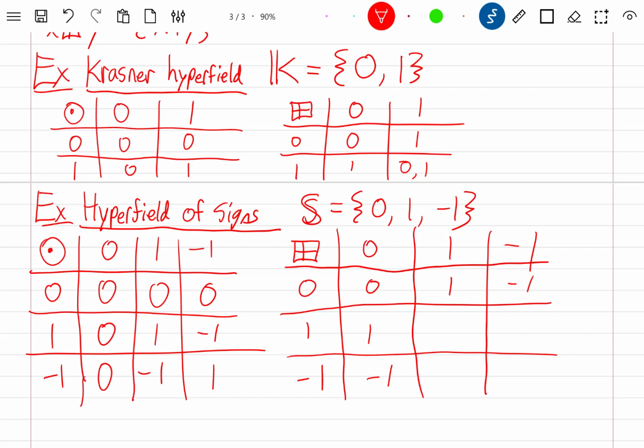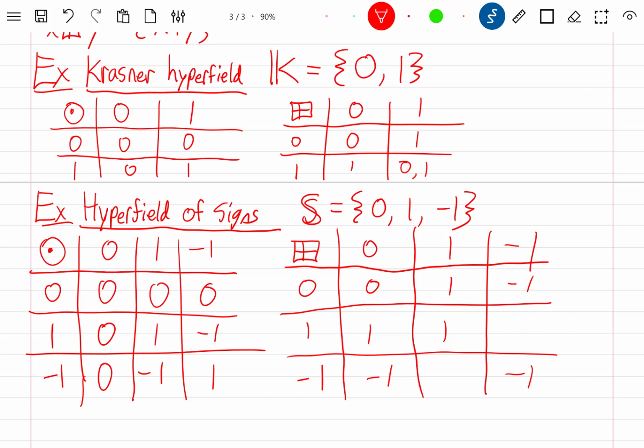Now the interesting part is 1 plus 1. In some sense, it is what happens when you take a positive number and add it to a positive number. It stays positive, so 1 plus 1 will be 1. Similarly, negative 1 plus negative 1: if I take a negative number and add a negative number, it remains negative.